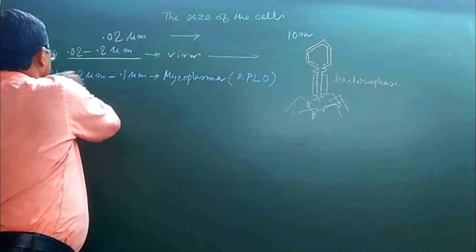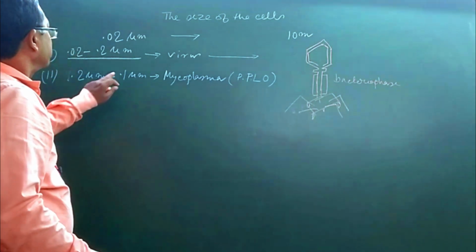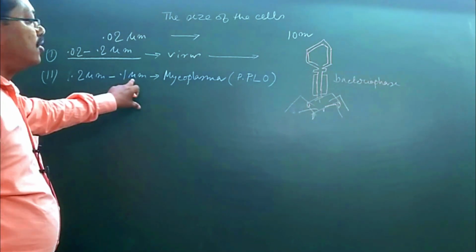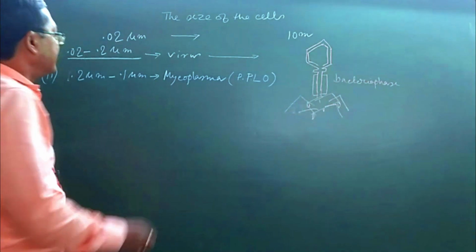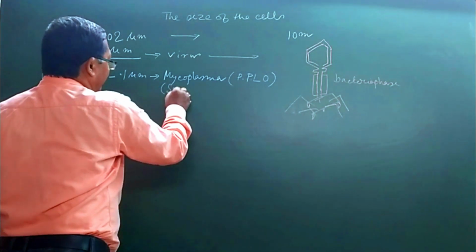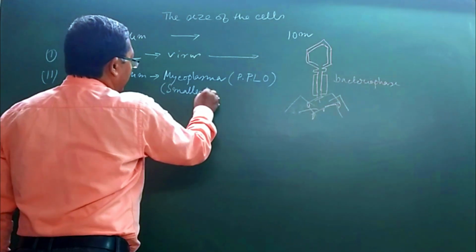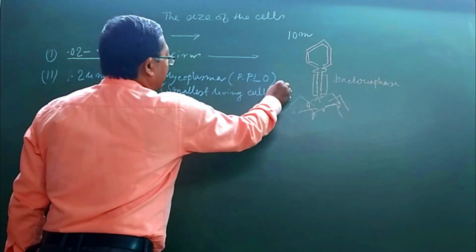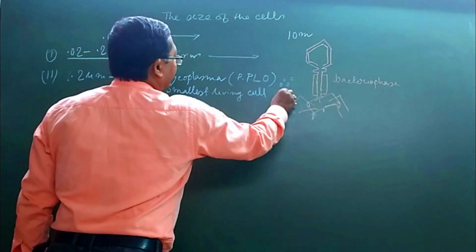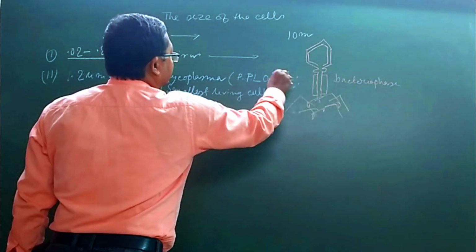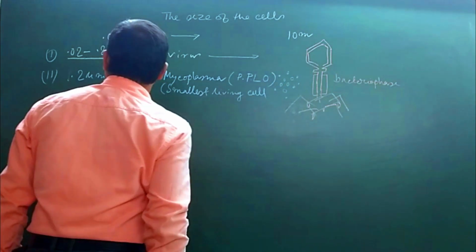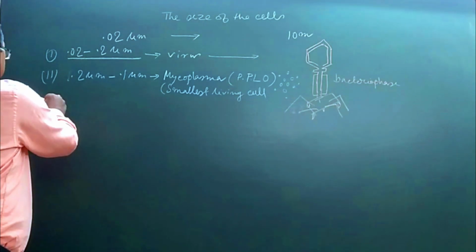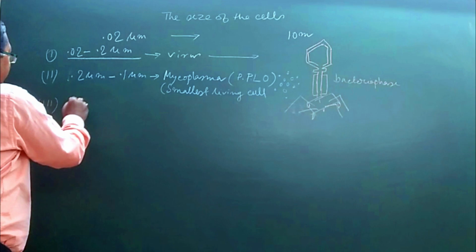The size is 0.2 micrometer to 0.1 micrometer, and this is the smallest living cell, a very small size cell. This can be seen by electron microscope. Then greater than mycoplasma, the third type, bacteria.